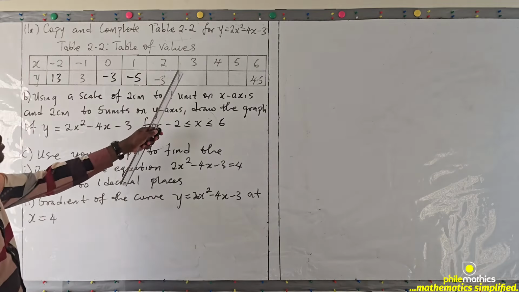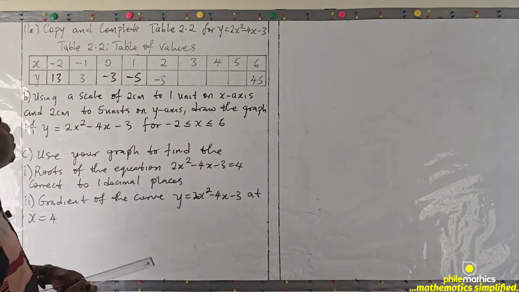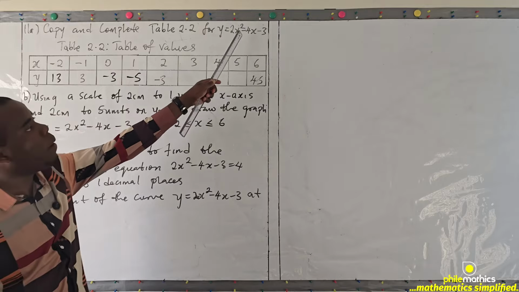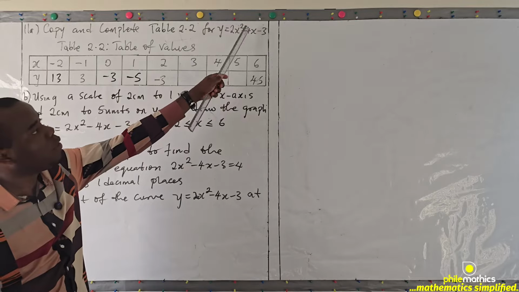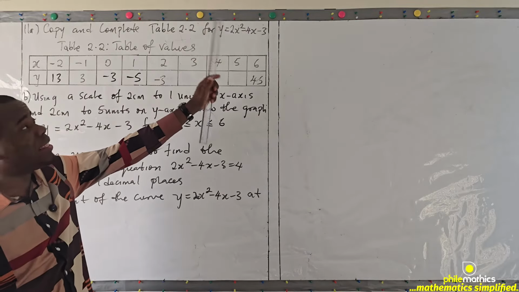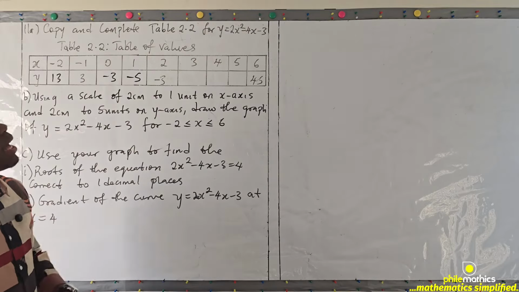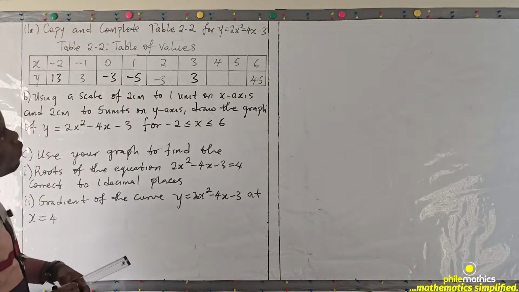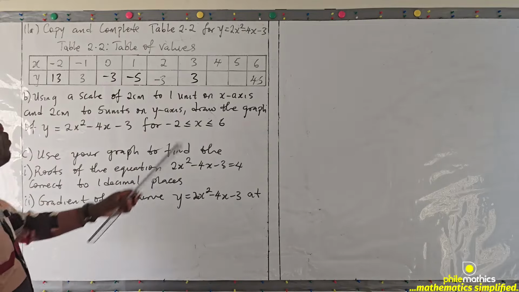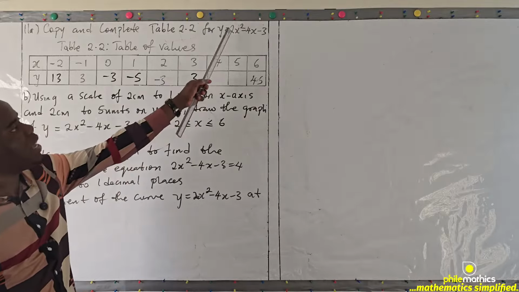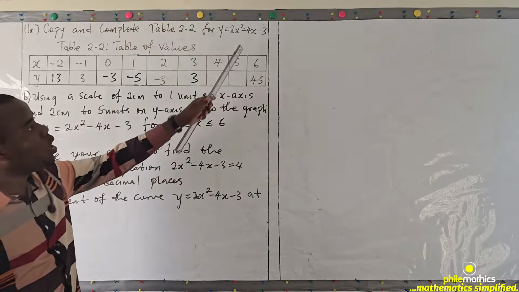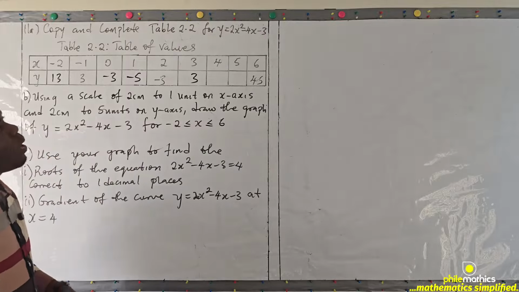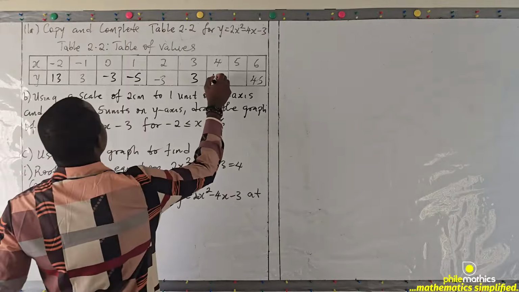We already know this. If we put 3 for x, this is 9 times 2, 18, minus 4 times 3 is 12. 18 minus 12 is 6, and 6 minus 3 is 3. If we put 4 for x, we'll have 16 times 2, 32, minus 16, which is 16, minus 3, which is 13.